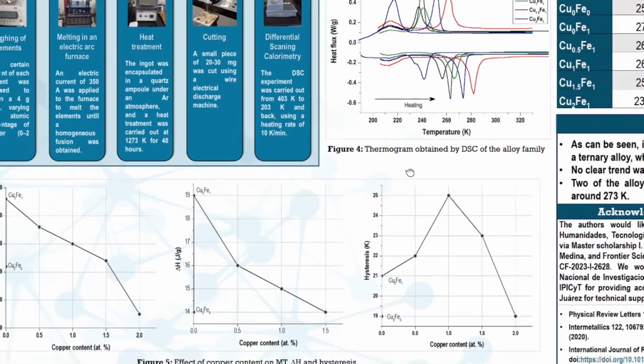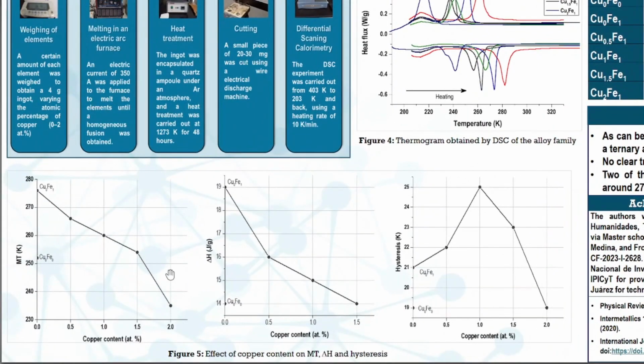Now, in figure 5, it's shown how these three variables change with variations in chemical composition. The transformation enthalpy trend is very similar to the transformation temperature. It rises with iron addition and then drops again with copper addition. And for the hysteresis, there's no clear trend.